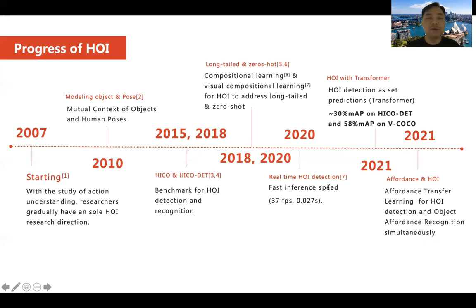This provides new insights for HOI detection. Transformer-based methods largely improve the performance on HICO-DET and V-COCO by leveraging image-wide features and global context. Those transformer-based HOI detection methods build a milestone on HOI detection.